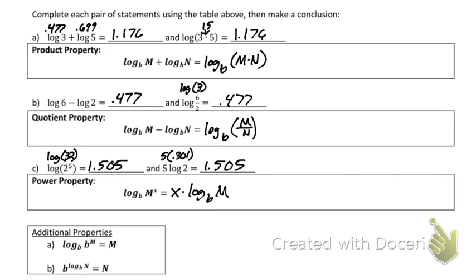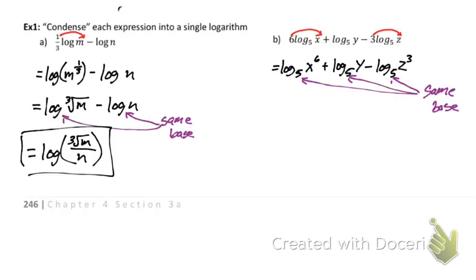I'm adding same bases, so my arguments are just going to multiply together. So in my next step, this is going to equal log base 5 of my first argument, x to the 6th, times my second argument, which is y, minus log base 5 z cubed.